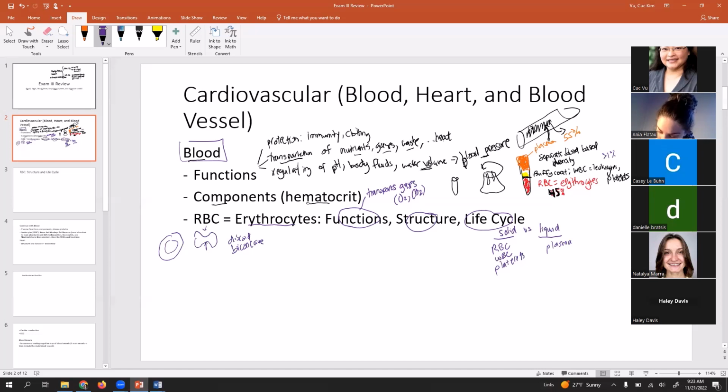It's biconcave, it's discoid, which means that in the center, it is hollow, right? What would normally be in the center of a cell? Nucleus. Right. So what does that tell you about a red blood cell? That it doesn't have one. Mature red blood cells do not have a nucleus.